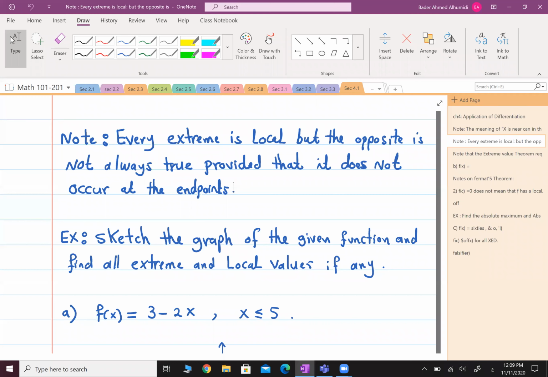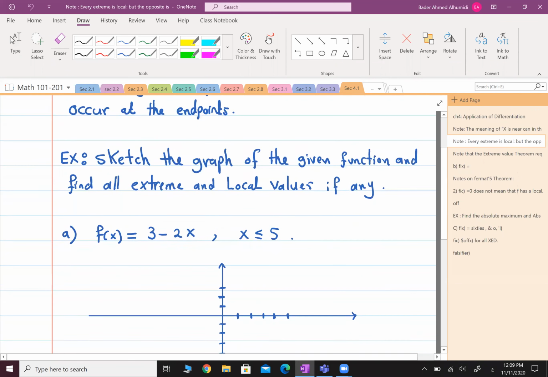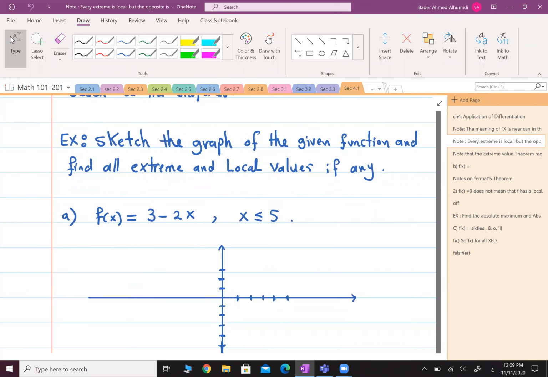Very good. What is our target now? In all these coming lessons, 4.1 up to 4.3, our target is to find, one, absolute maximum and absolute minimum, and two, local maximum and local minimum values. We will start this process. We are building the material.